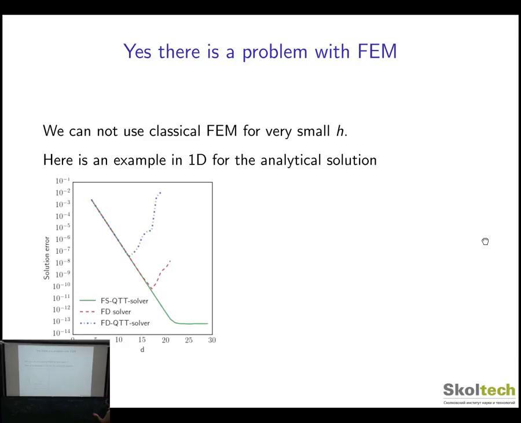You take a standard problem with a known analytic solution: you put in the known solution, get the right-hand side. And that's what happens when you go to very small h.